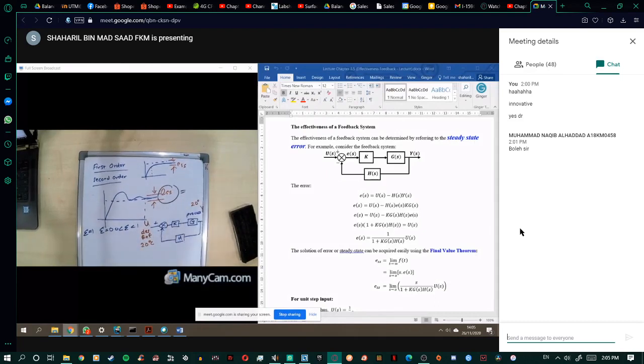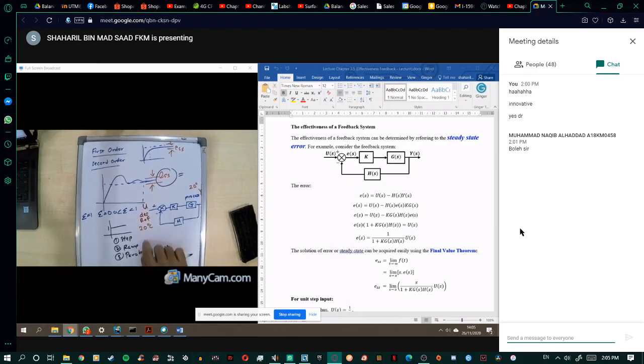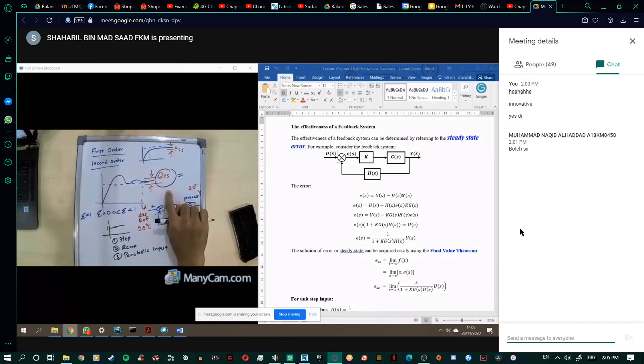It depends on the input. For example, we just learned about the step input. We also have a ramp input and a parabolic input. So when we apply the step input, what is the steady state error? When we apply the ramp input, what is the value? And when we apply the parabolic input, what is the value?